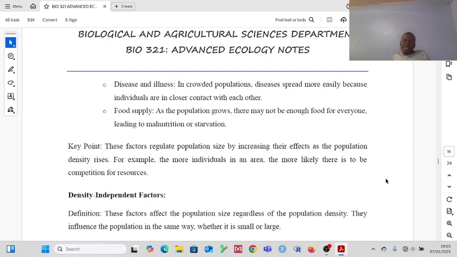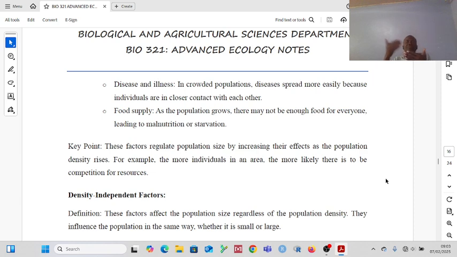Disease and illness. If the population is crowded, one, it means there are more hosts for the disease-causing microorganism. And because of the crowding, these hosts, if they are susceptible, can easily infect each other quickly.